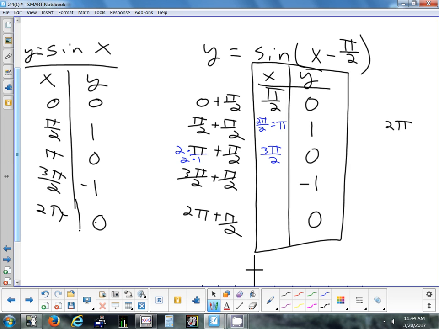Next one already has a common denominator. 3 pi over 2 plus 1 pi over 2 would be 4 pi over 2, which reduces to 2 pi. If you just want to write the final answer, that's really what I'm looking for, the 2 pi.